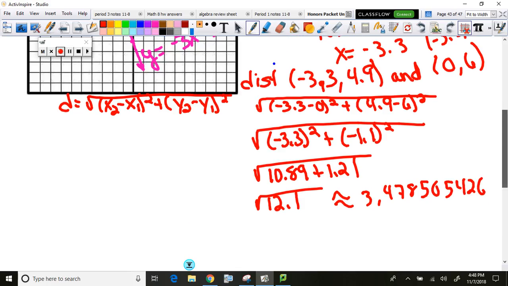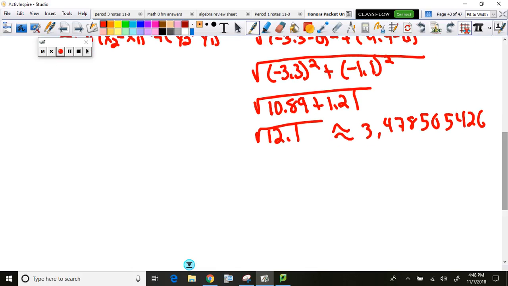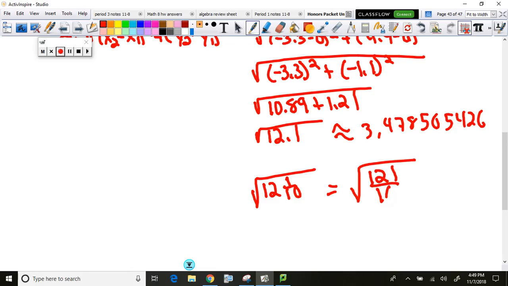If they would ask me for simplest radical form, remember that that is the square root of 12 and 1/10. We need to get rid of the fraction, so if we make that an improper fraction, that's the square root of 121 over 10. So we rationalize that by doing the square root of 121 over the square root of 10, multiplied by radical 10 over radical 10.